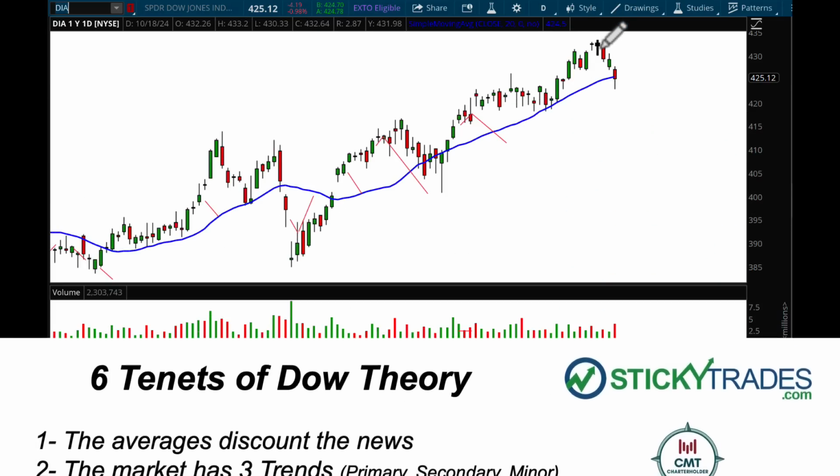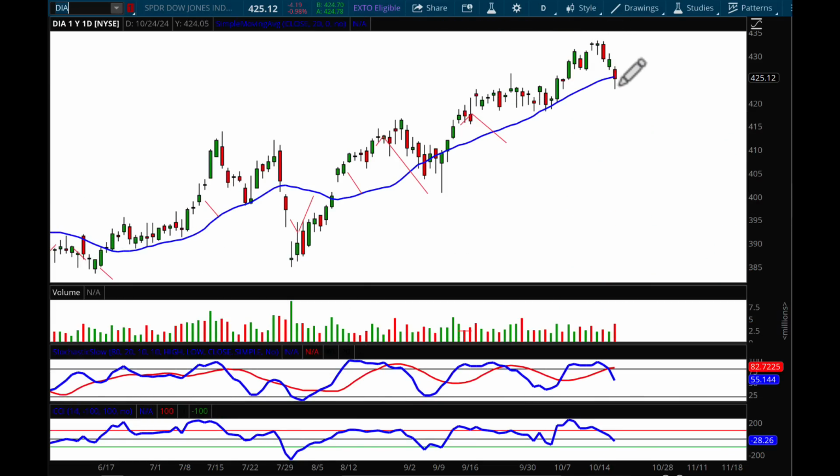And as you can see here, we're seeing some down candles, and the volume is increasing on the way down. That's telling us that the bears are in force, the selling activity is still increasing, and the momentum is also pointing to the downside.